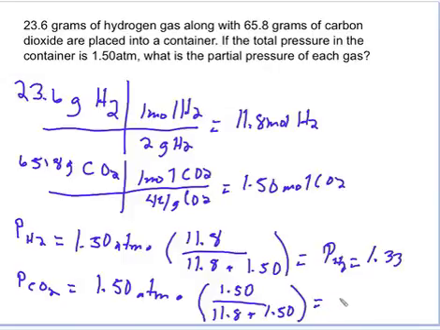That's going to give you the pressure of the CO2, and if you do the math there, that ends up being around 0.17, and these are both in atmospheres. And then if you add that together, that's going to be about 1.50, which is the total pressure of our container that we started with. So that's how to do a problem like that.